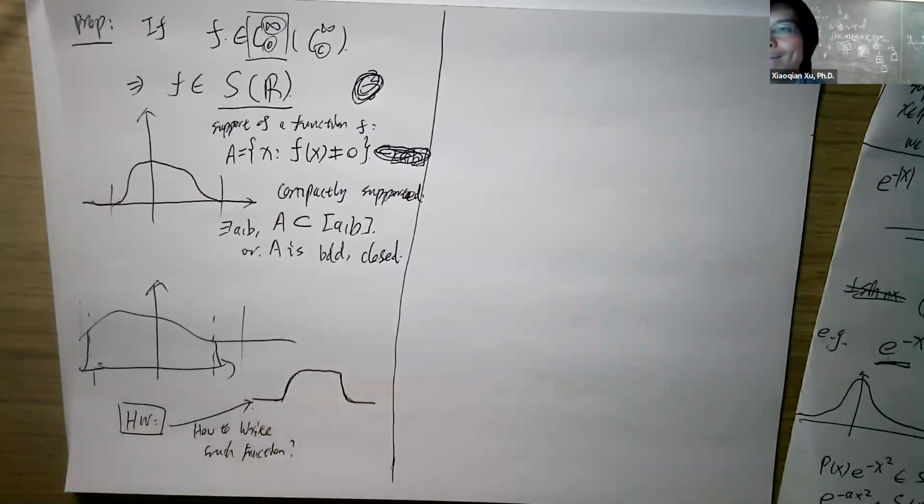I think this would be useful in the future, no matter whether you learn analysis or not. But if you want to learn analysis, then this would be the most important family of functions. Any question?